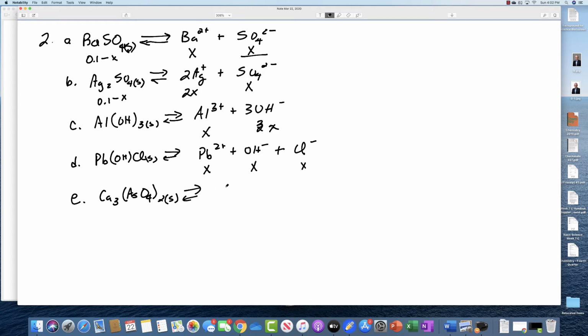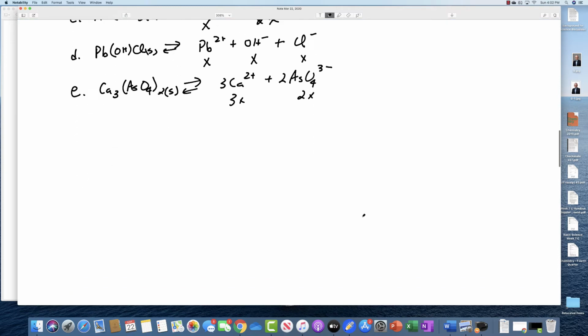Decomposes to form 3 calcium ions plus 2 arsenate ions. And if the calcium is 3X, then this is 2X. So that's problem number 2. Fairly simple and straightforward. Let's move on to problem number 8.